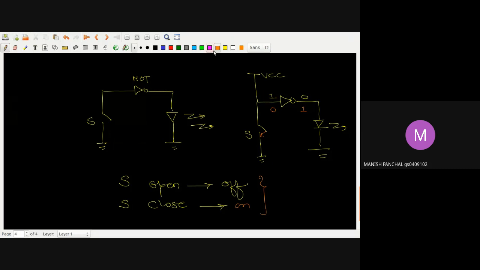What will happen if you directly short circuit any type of VCC, for example here the VCC is 5 volt.